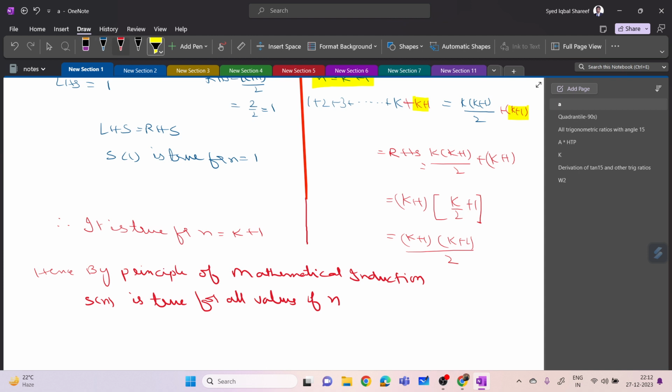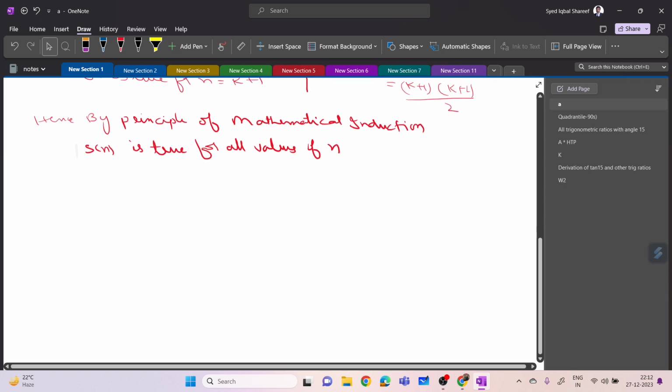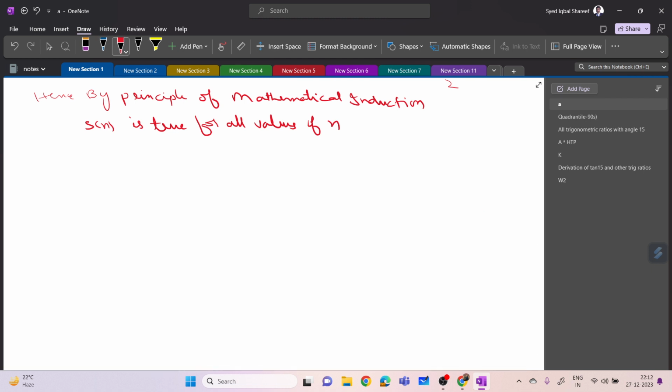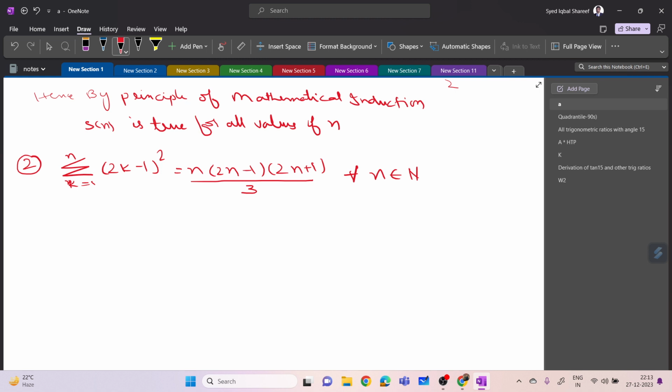One more problem. We'll go for one more problem on induction. Summation k equal to 1 to n of 2k minus 1 whole square equal to n into 2n minus 1 into 2n plus 1 by 3 for all values of n belonging to natural numbers.